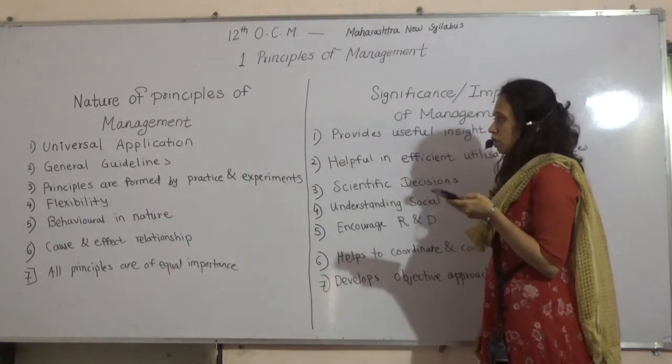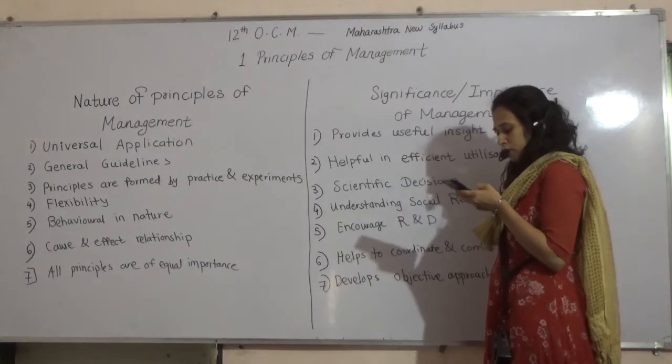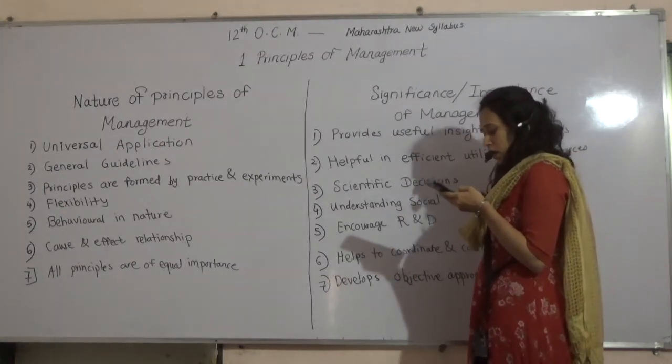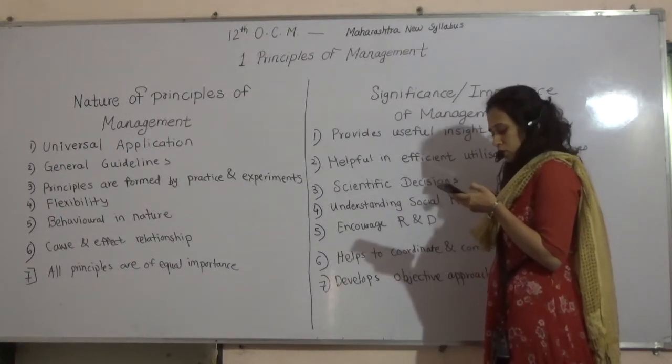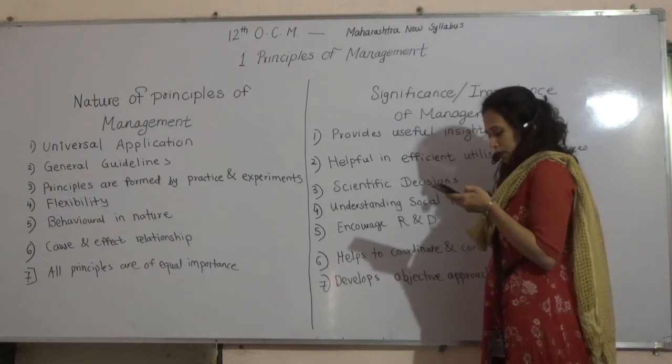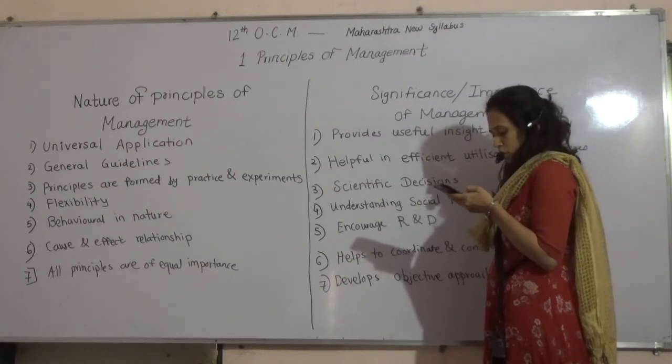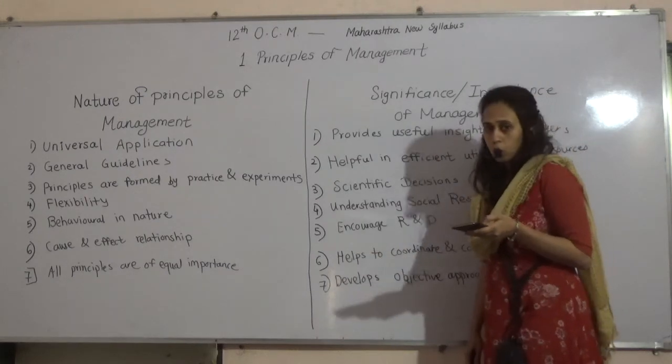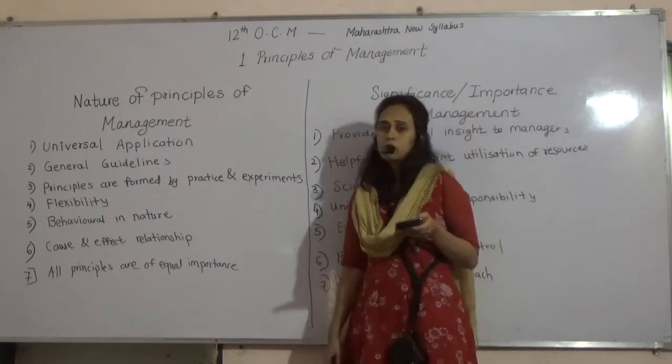That's why they say that management principles are of universal application. Next is general guidelines. Management principles provide general guidelines in tackling organizational situations wisely. For example, when we say fair remuneration, the term fair can vary as per the nature, size and financial condition of the organization. These are general guidelines.